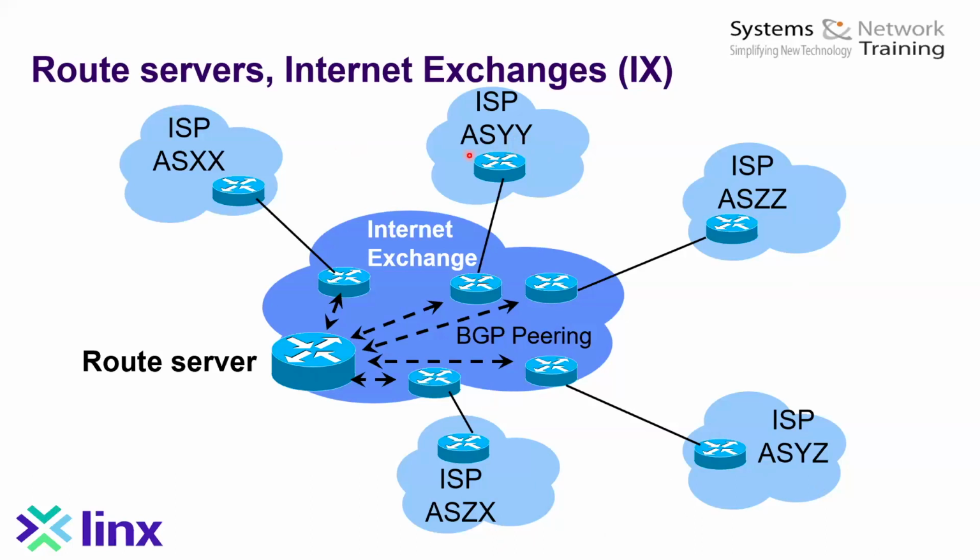And not only do they have to have connectivity from a physical point of view, like an Ethernet point of view, but they would also have to set up BGP peering, where we started our conversation much earlier this morning. And they would do that, of course, so that they can exchange routes.